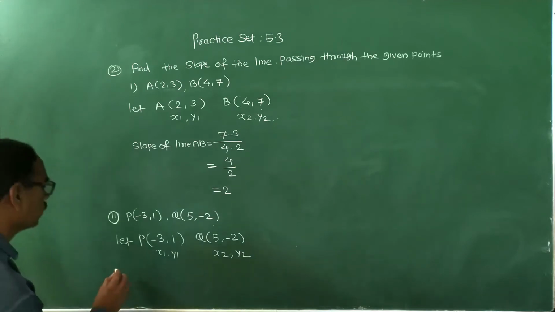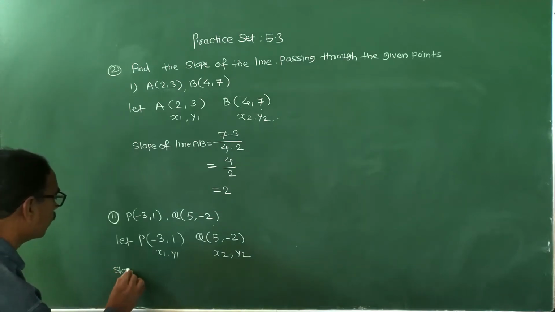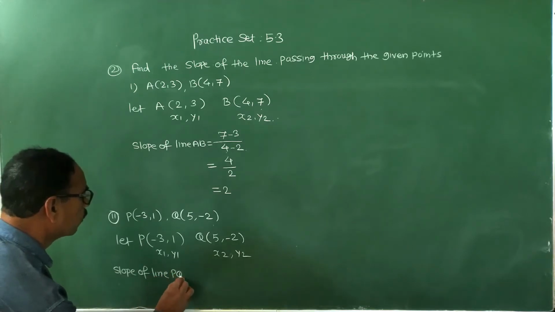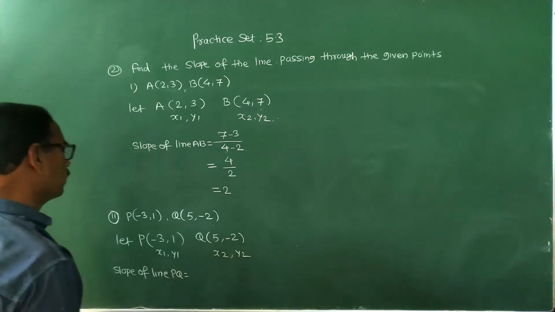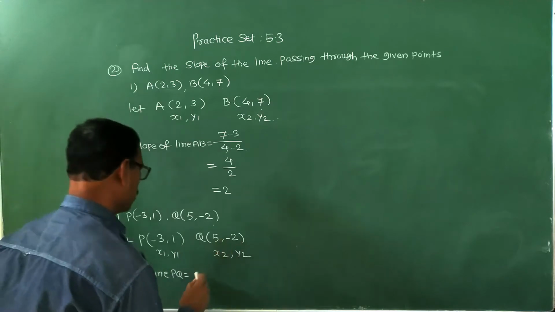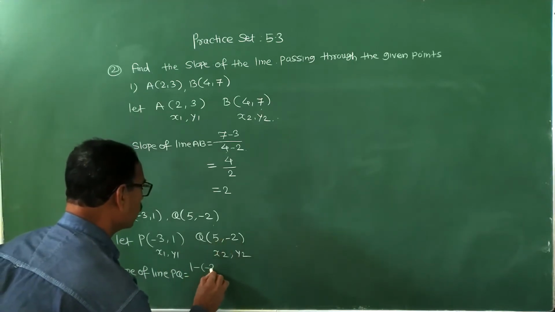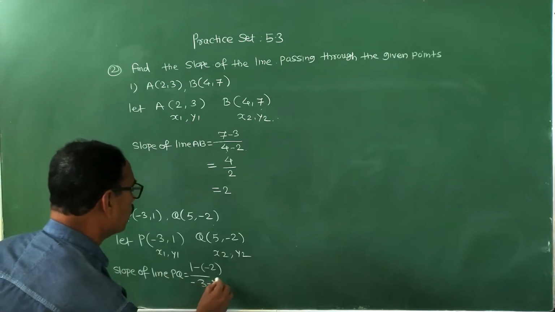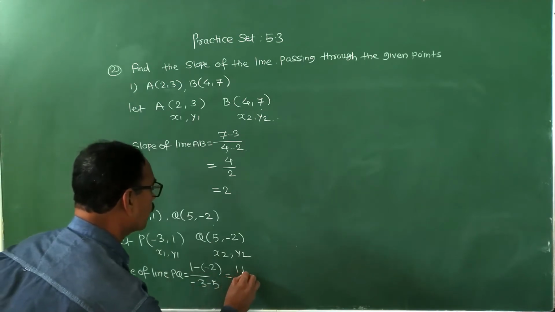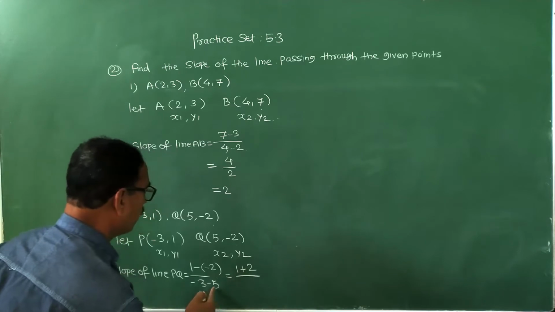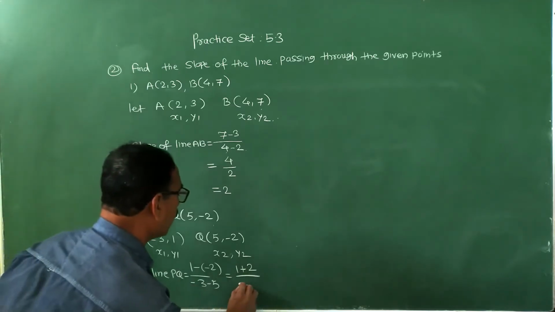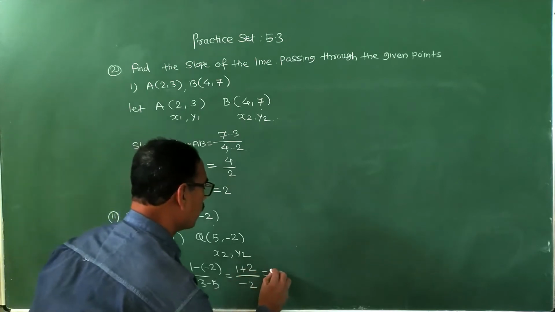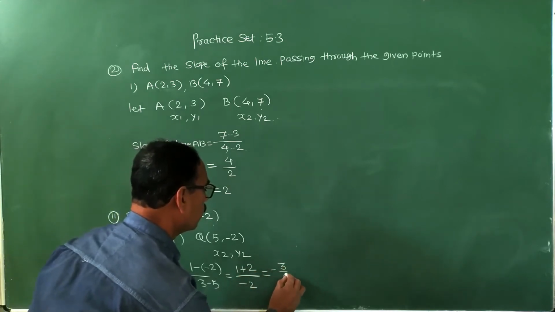Slope of line PQ will be equal to 1 minus (-2) upon -3 minus 5, which will be equal to 1 plus 2 upon -5 plus 3 ... so this will be 3 upon -8.